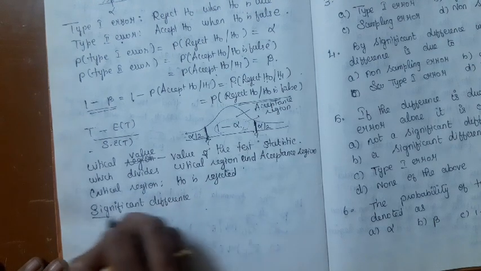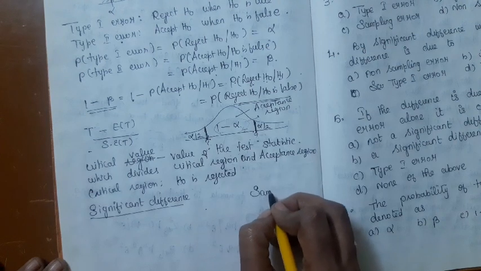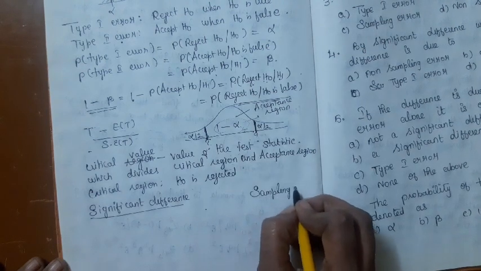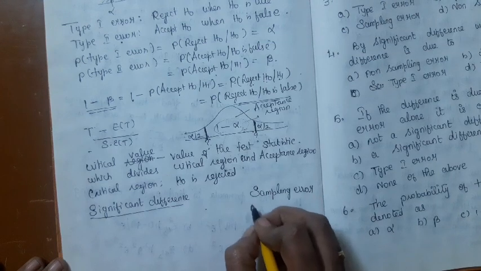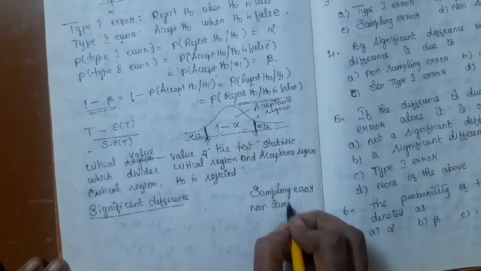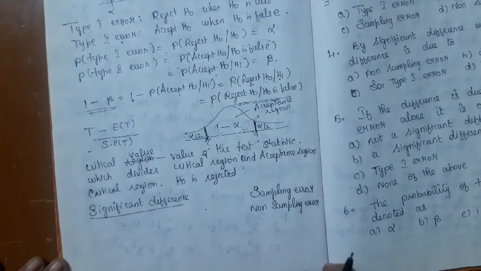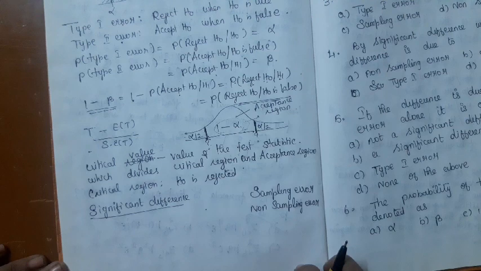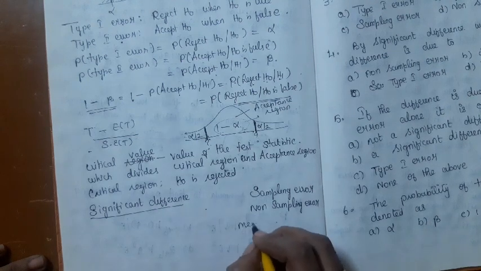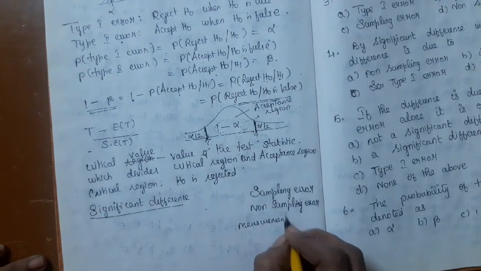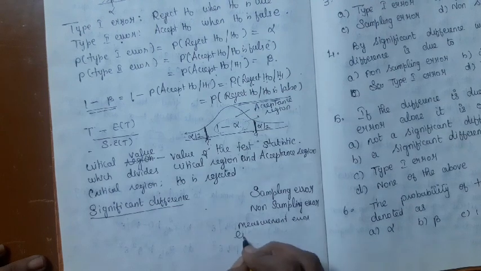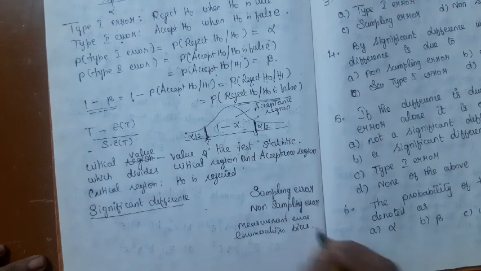Okay, right. Now let us try to understand one other term, significant difference. To understand this term, you should understand the meaning of sampling error and non-sampling error. Sampling error is the error that occurs due to the application of sampling techniques. The error in any investigation may occur due to measurement bias, measurement error, enumerator's bias, right?